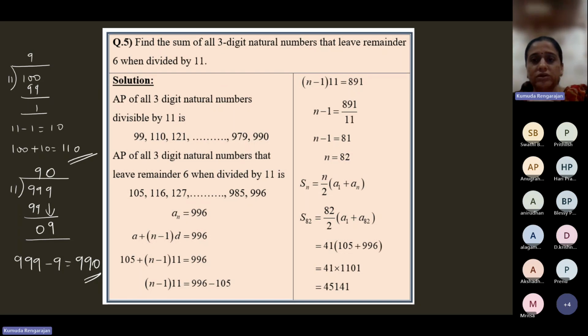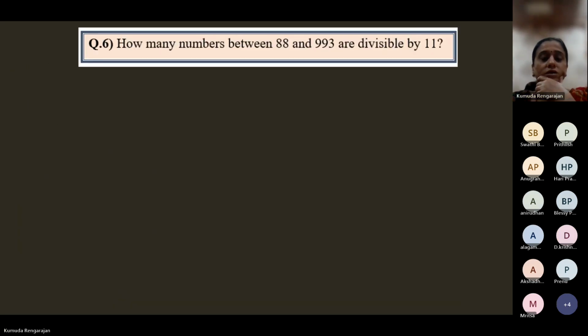All right, children, go to the next one. How many numbers between 88 and 993 are divisible by 11? You don't have to find the sum of these numbers. Simply how many numbers. So just find the value of n.